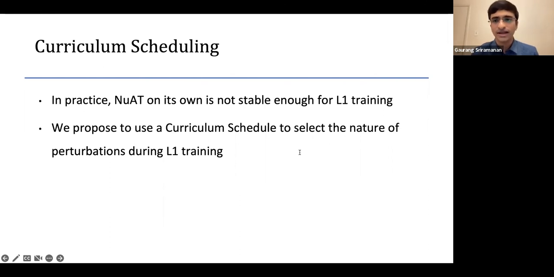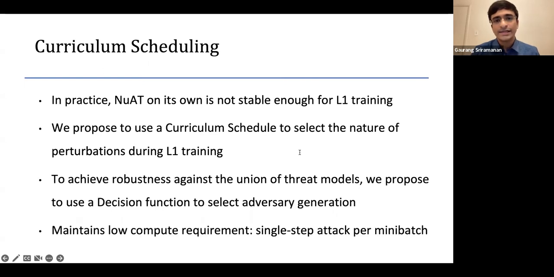We thus utilize a simple linear schedule where the perturbation size is linearly increased from 0 to epsilon, and kept constant for the last few epochs alone, to facilitate adequate fine-tuned training on the final threat model of interest, for example, L1 with a perturbation budget of 12 on CIFAR 10.